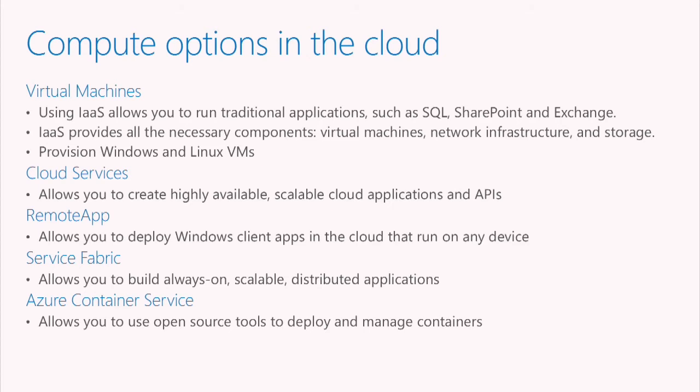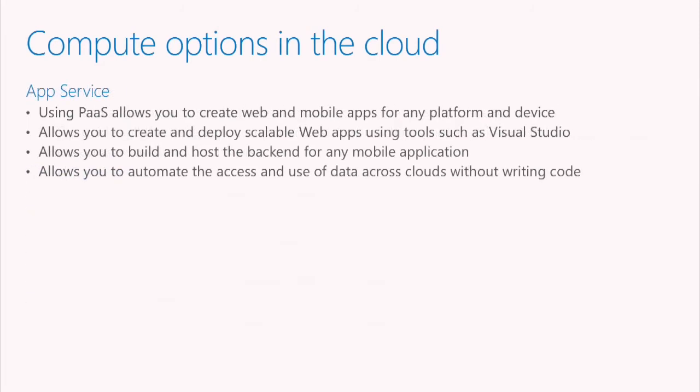We have Service Fabric, which allows you to distribute application data. And something that's fairly new is the Azure Container Service. If you've ever worked with Docker or heard of Docker, you can deploy Docker-style containers running either Windows or Linux on Azure and leverage the benefits of containers for application deployment. And then finally, we have the App Service.